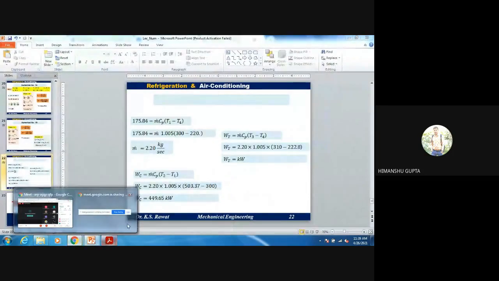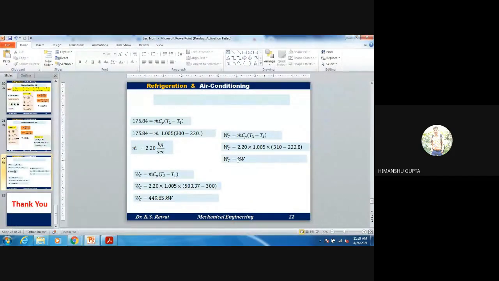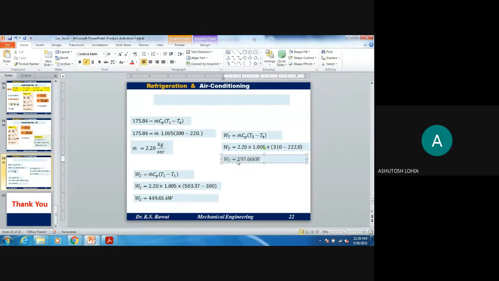So 197.66. Now, what is the work required?